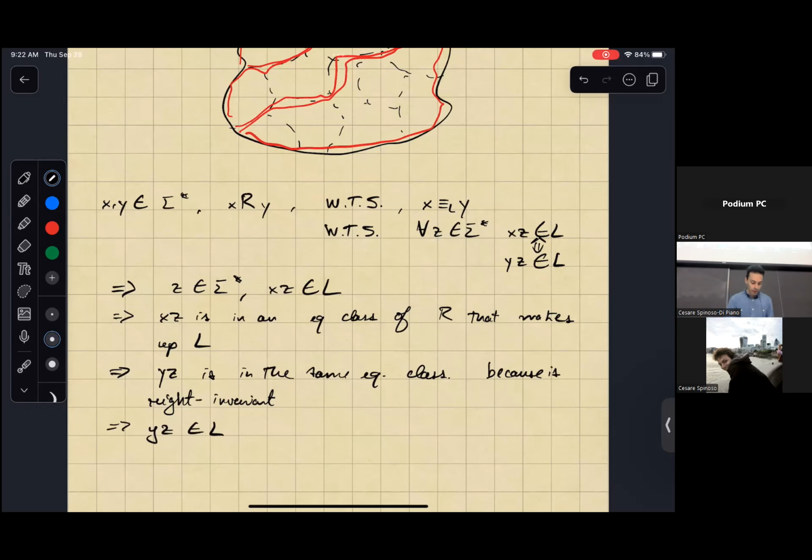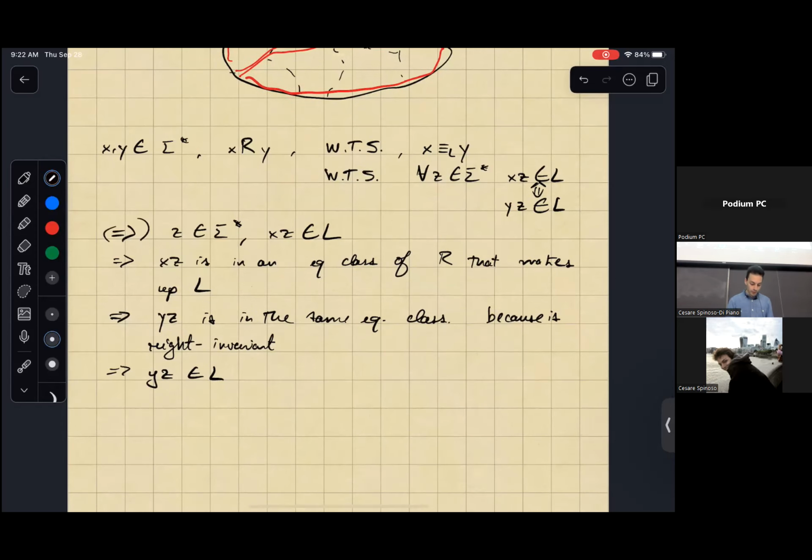I started from string X and taken some arbitrary extension Z, stuck it to X, and shown that if XZ is in L, then YZ must also be in L. So that proves the forward direction, and the backward direction is exactly the same.